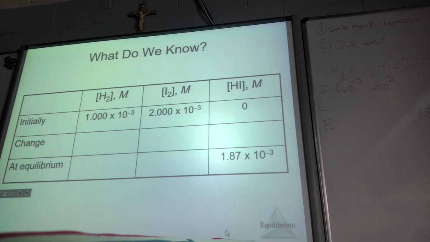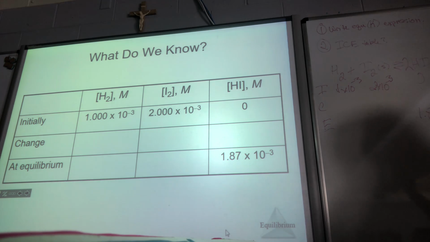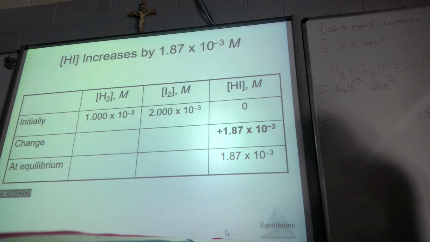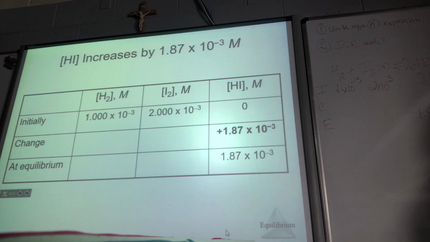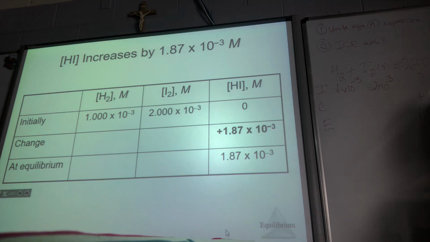Using ICE tables, the change part is the part that's usually the mystery. So of course, to indicate a mystery, a lot of times what we use is an X value. In this particular case, we know that this thing went from 0 to 1.87 times 10 to the negative third. So we know that this is what was created.